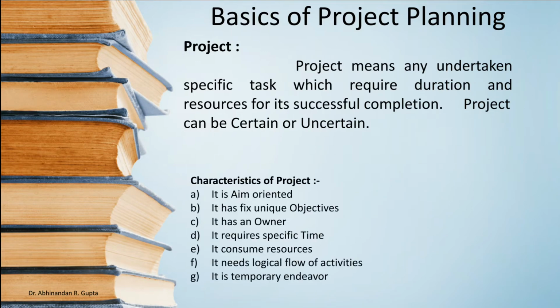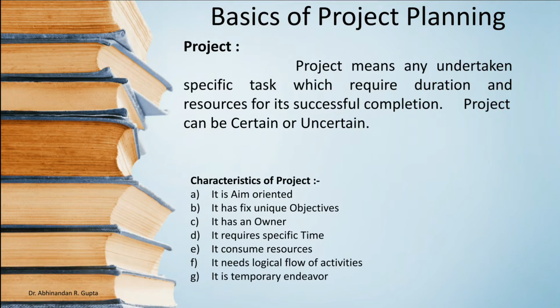Some of the characteristics of a project are: we know what we want to do, that means it is aim oriented; it has fixed unique objectives; you should be aware of how to achieve your aim; it has an owner, which can be a client, a person or a group; it requires specific time for its completion; and it consumes resources.